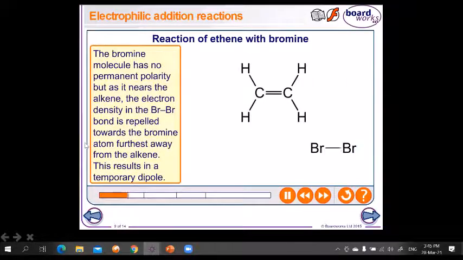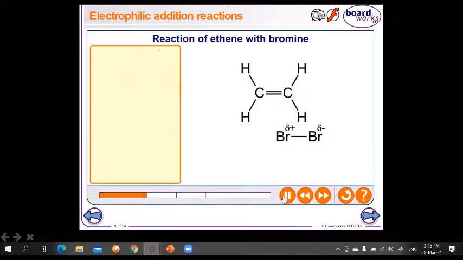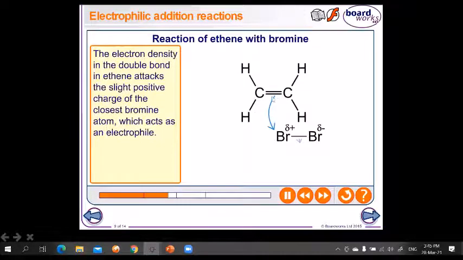The bromine molecule has no permanent polarity, but as it nears the alkene, the electron density in the Br-Br bond is repelled towards the bromine atom furthest away from the alkene. So there's a temporary dipole. Now, the electron density in the double bond in the alkene attacks the slight positive charge of the closer bromine, so that acts as an electrophile.